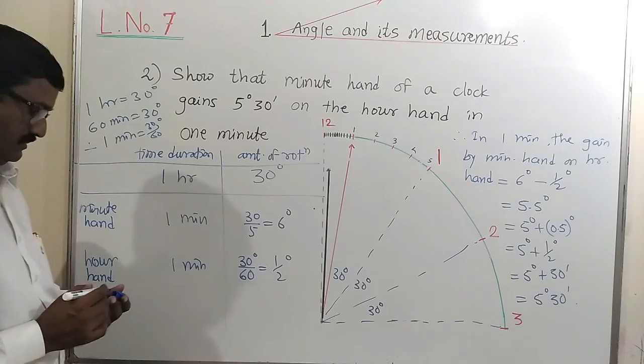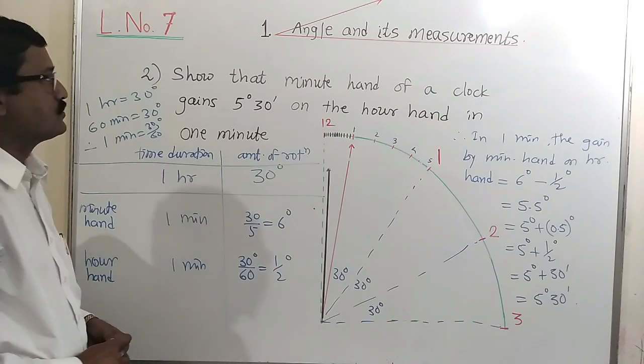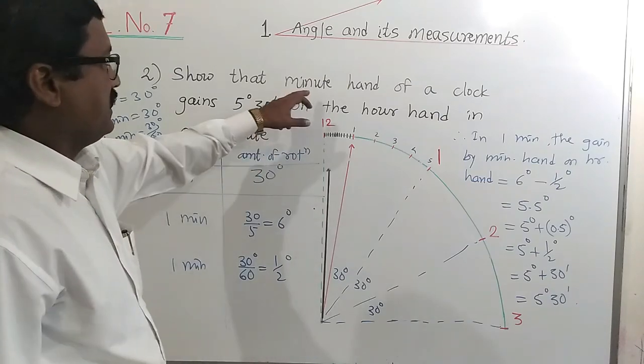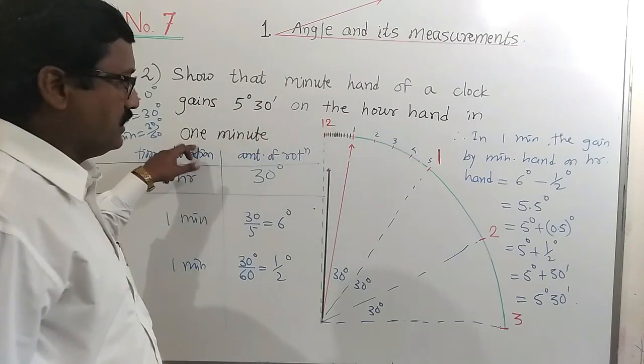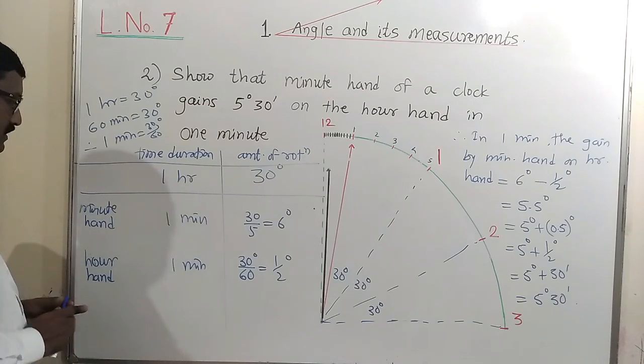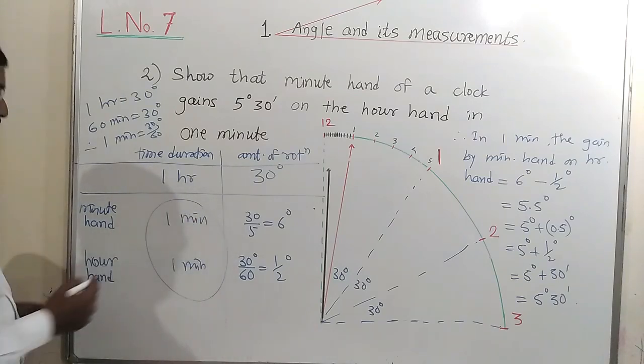That is the required number. Okay, so the minute hand of a clock gains 5 degrees 30 minutes on the hour hand in 1 minute. The problem is about 1 minute.